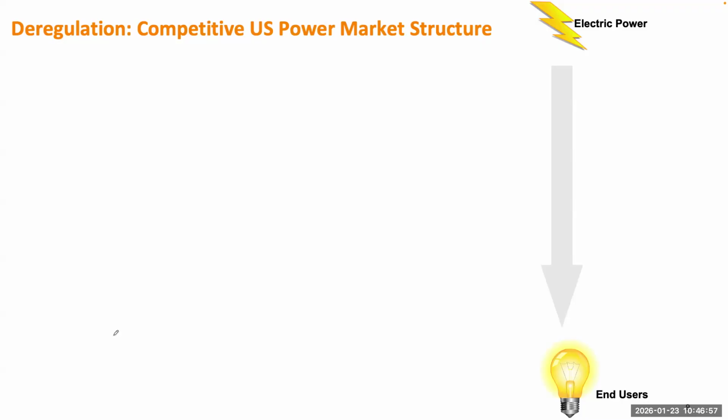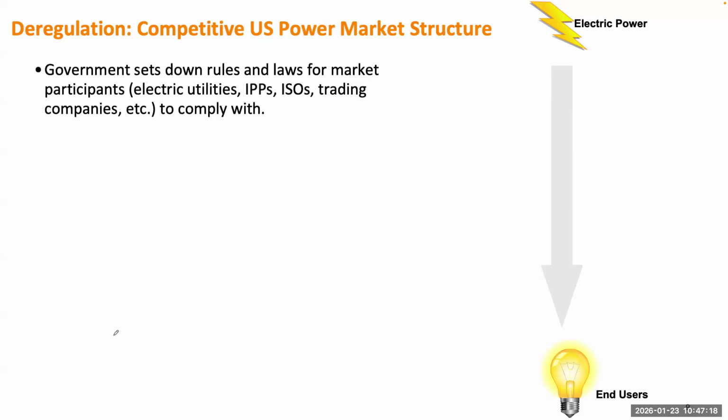But in the deregulated power system structure, any participant can decide to participate in only part of this entire path, not from end to end. You can only participate in generation or participate in distribution.